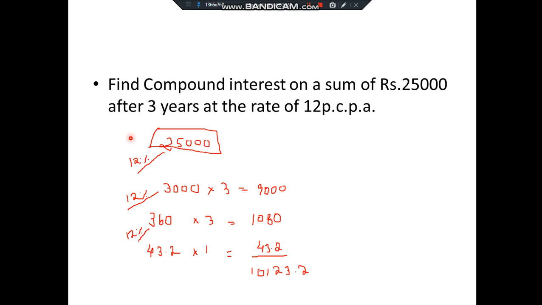Into 3, into 3, into 1, the 331 method, 3 times because 3 years. So 3,000 into 3 you get 9,000. 360 into 3 is 1,080 and 43.2 into 1 is 43.2. So in total you get 10,123.2. So this is your compound interest at the end of 3 years.